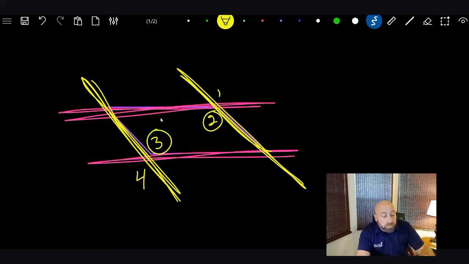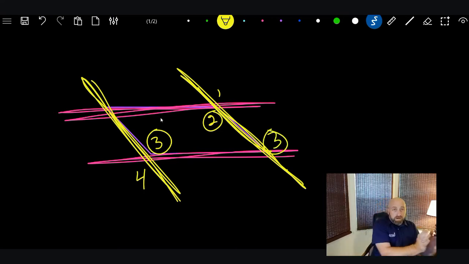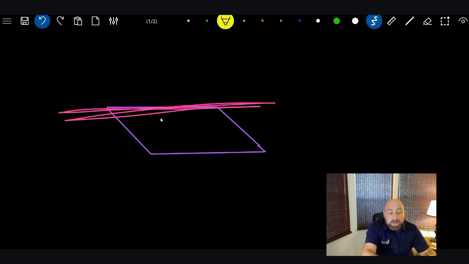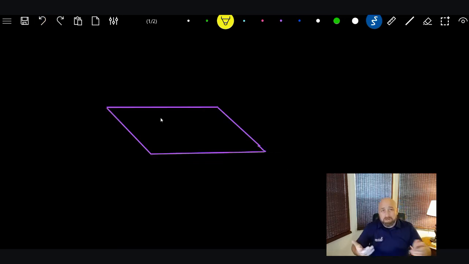So if you took that and moved it over, they're alternate interior angles, and so they're equal. And so that's some interesting things we find about parallelograms. And really most of it's built on the whole idea of the parallel lines and the transversals that we've been talking about in earlier chapters.